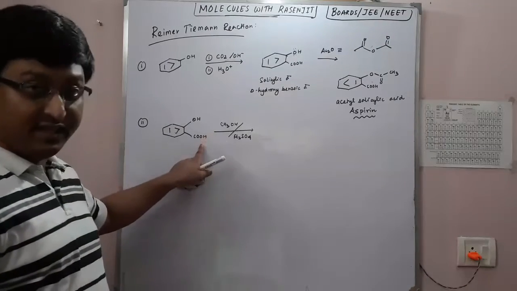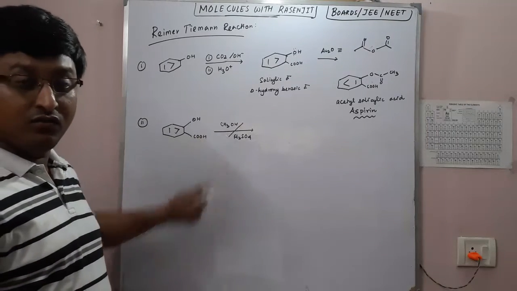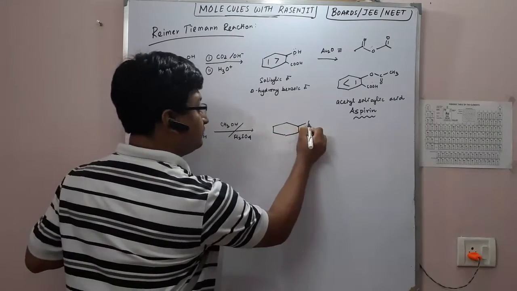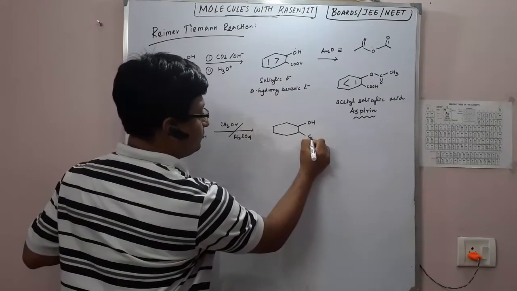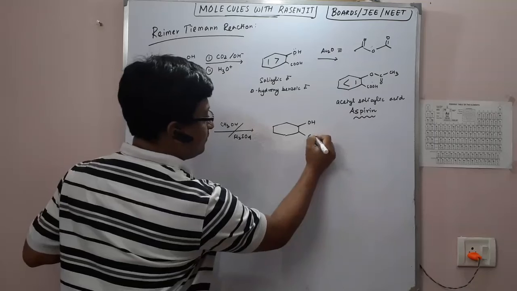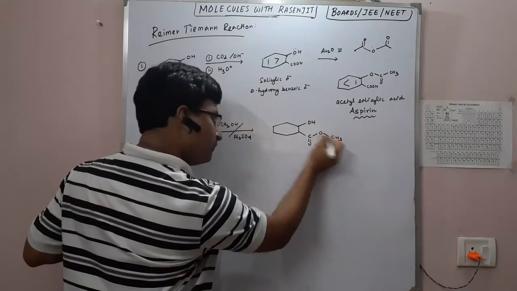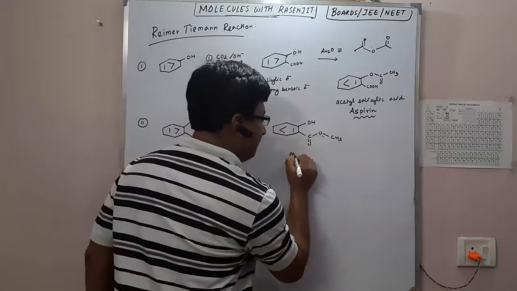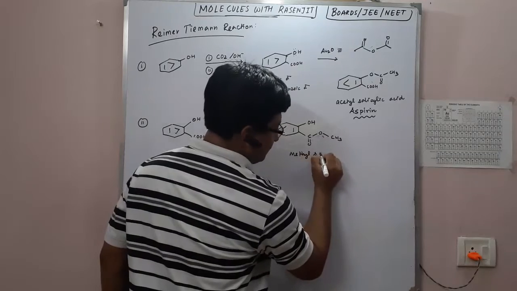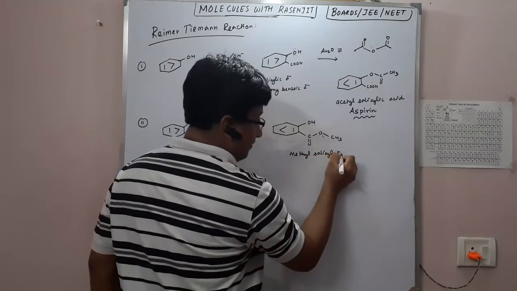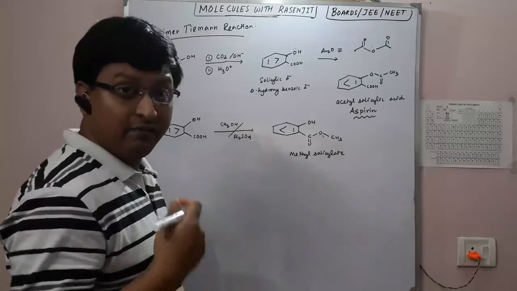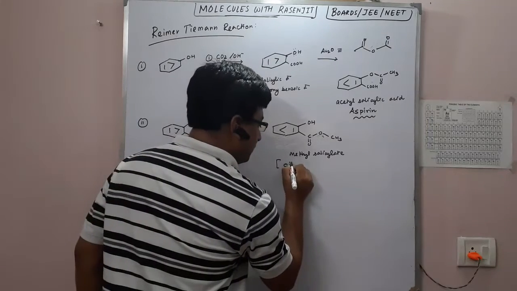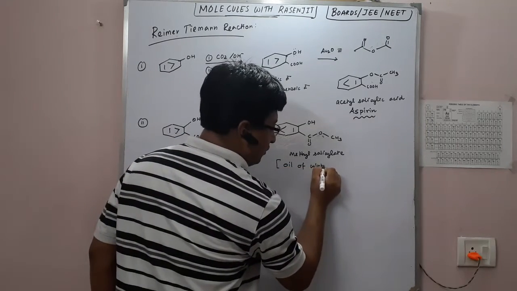Definitely, you have an acid here and an alcohol here, so it will form an ester. This is known as methyl salicylate, or we know it by another name. It is called oil of wintergreen.